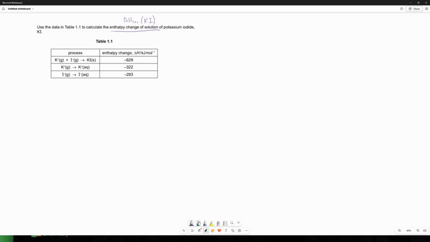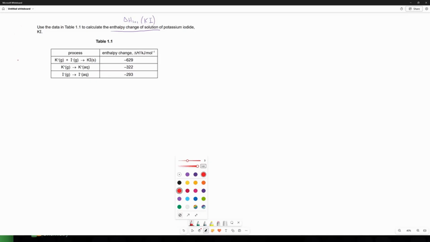So this is one of the reasons why it's important for us to learn how to read these equations. First, we have the enthalpy change when potassium ions in the gas state and iodide ions in the gas state react with each other to form the solid ionic compound potassium iodide. Remember, that's the definition of lattice energy. Gaseous ions create solid ionic compound.